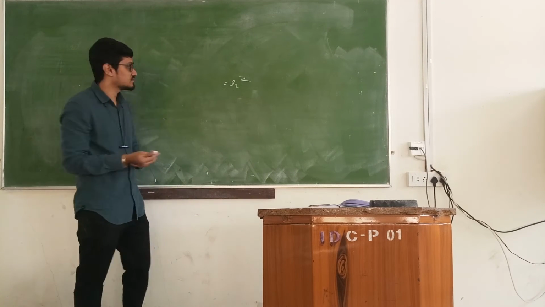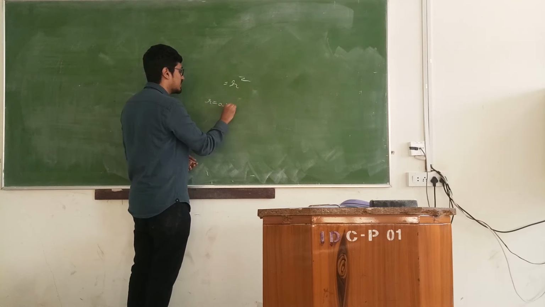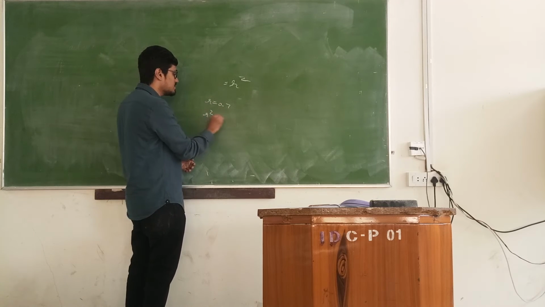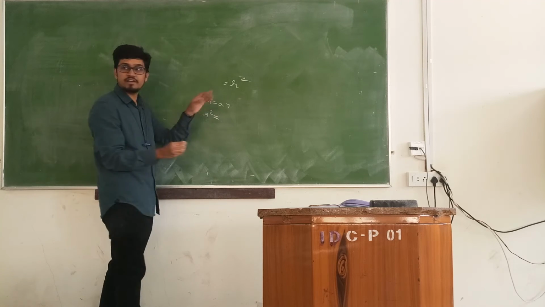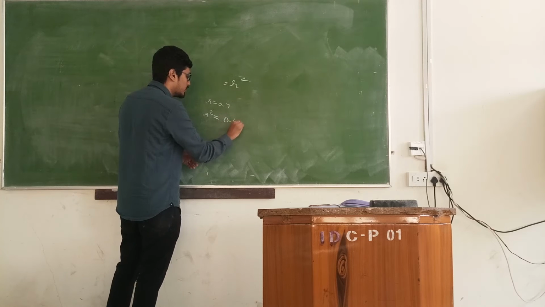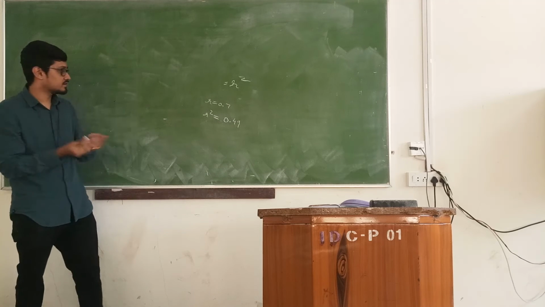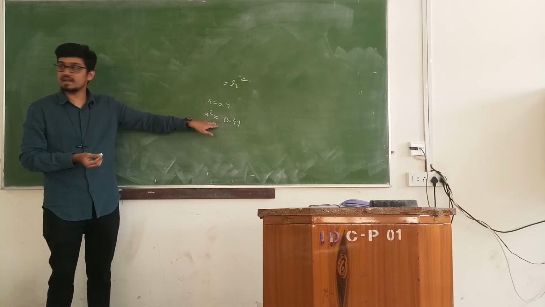Let's say r is equal to 0.7. Then r square will be 0.7 into 0.7, which is 0.49. This is your coefficient of determination, the explained variance.